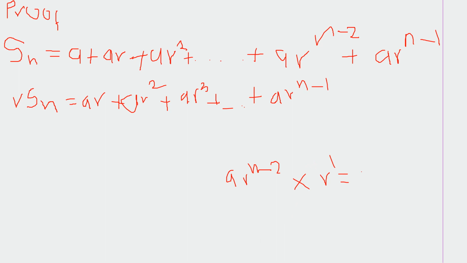So we're still left with a here, and then the r will be here, and it's going to be n minus 2 plus 1. Remember, you are multiplying, you are not subtracting. You subtract when you divide. When we are multiplying, we add. So our answer will be a r to the power of n minus 1. Okay, I hope you understand.